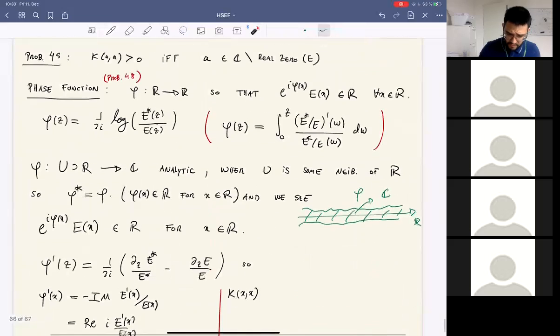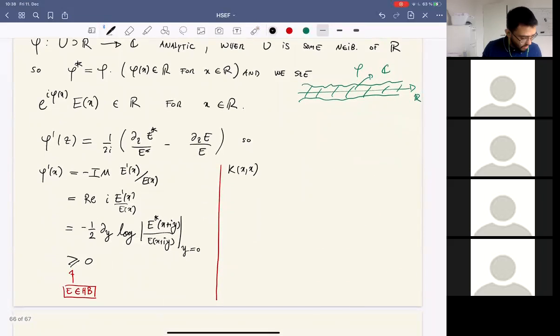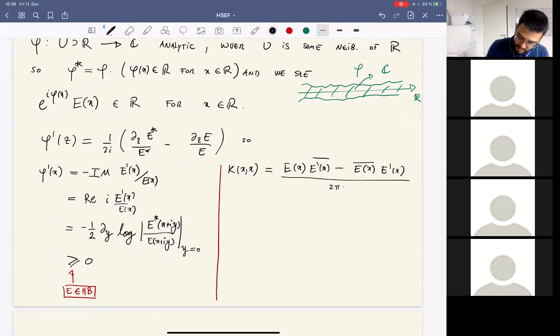If you use that formula and evaluate, you will see that this is exactly E(x) conj(E'(x)) minus conj(E(x)) E'(x), divided by 2πi. Here x is real, of course, I'm assuming that.